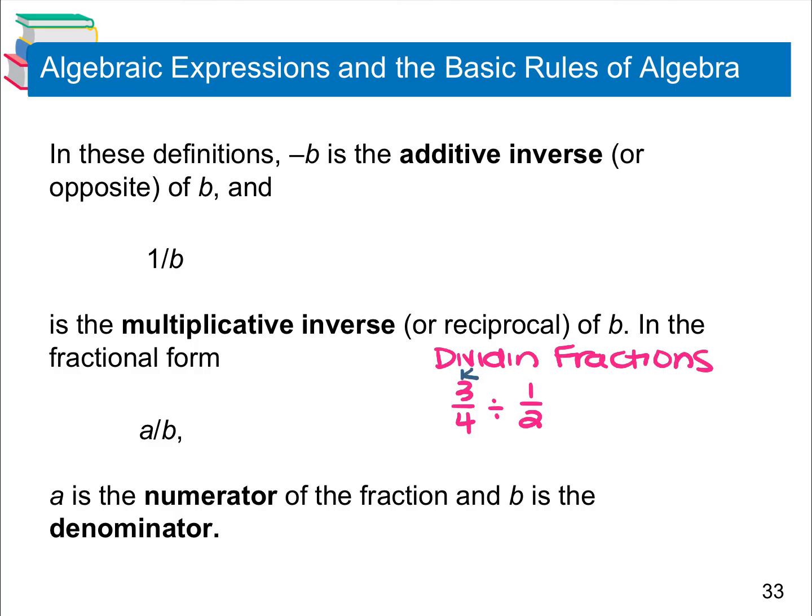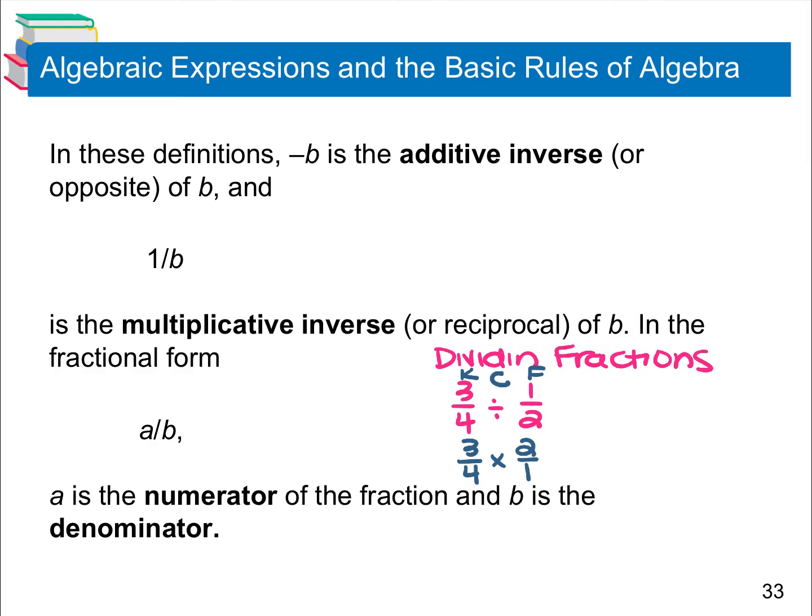Keep the first, change to multiplication, flip the second. When you flip the second fraction, you are taking the multiplicative inverse, or the reciprocal of that fraction. So it just becomes 3 over 4 times 2 over 1.